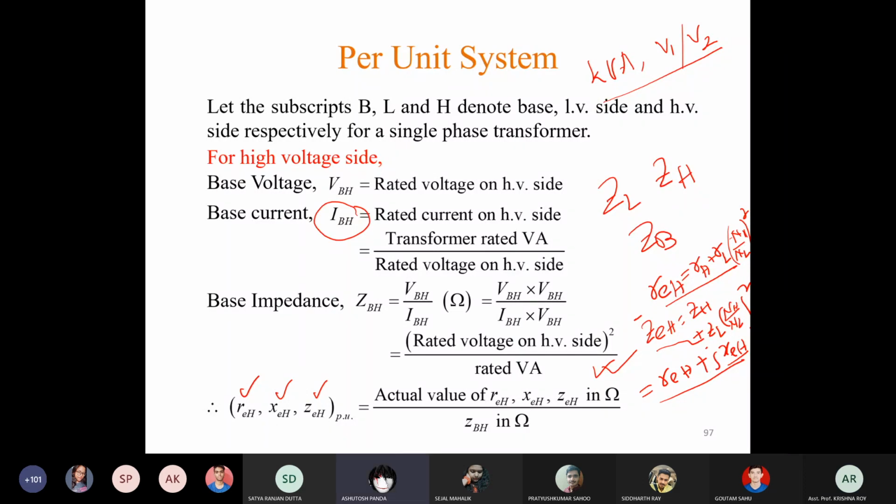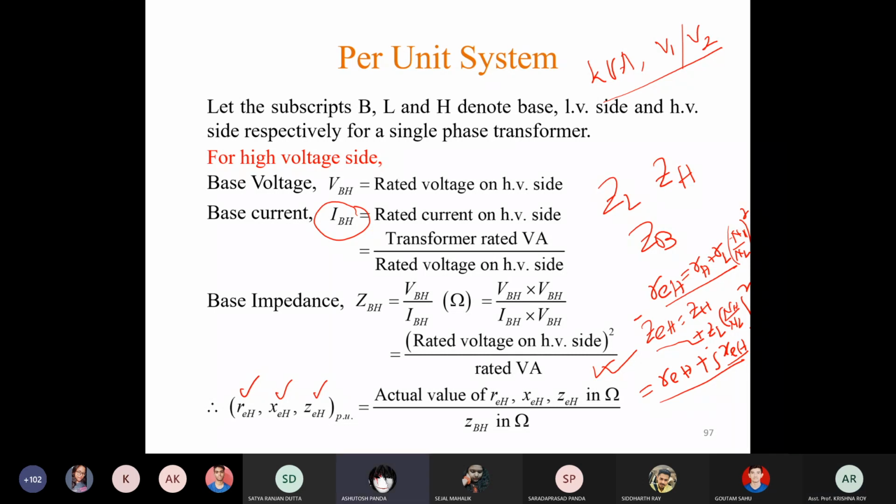Sir, what is the use of per unit? That I will show later. First of all, let us define these per unit quantities. There are certain advantages of using these per unit quantities. I will say later on. First of all, have you understood these things?